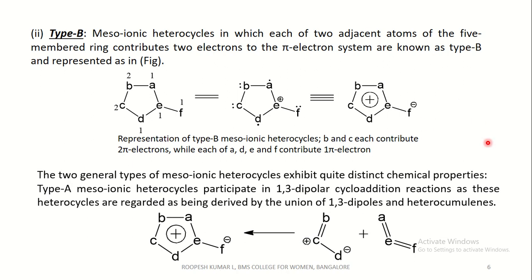The two general types of mesoionic heterocycles, type A and type B, exhibit quite distinct chemical properties. Type A mesoionic heterocycles participate in 1,3-dipolar cycloaddition reactions, as these heterocycles are regarded as being derived by the combination of 1,3-dipoles and heterocumulenes.